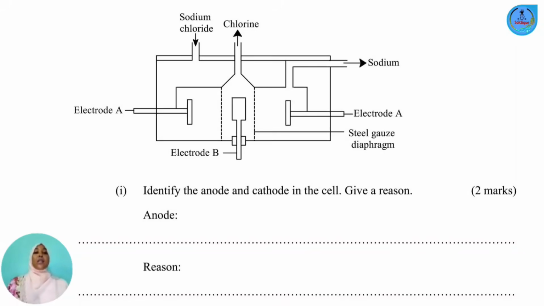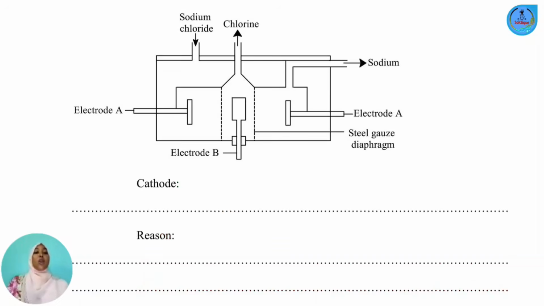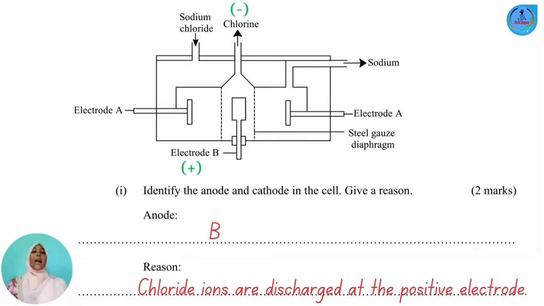Remember we have to have the anode and the cathode in electrolysis. The anode is going to be B. Just take a look at where B is. Remember, B has a plus sign, because in electrolysis the anode is the electrode connected to the positive terminal. The reason being that the chloride ions are going to be discharged at the positive electrode.